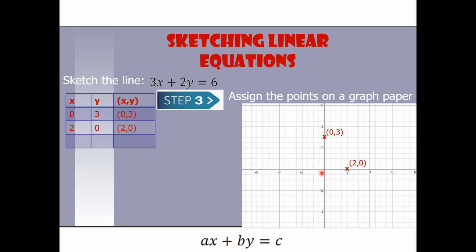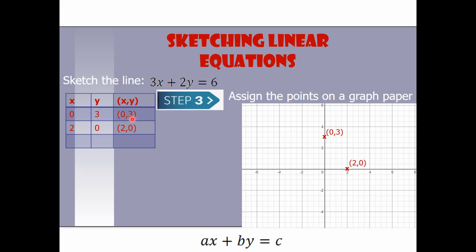To the left side we have -2, -4, -6. The same thing for the y-axis. But you may choose a different scale, like 0, 1, 2, 3, 4, or 0, 5, 10. It's up to you, and it depends on the values that you have here. So you use a reasonable scale, so your graph will not be very big or very small.